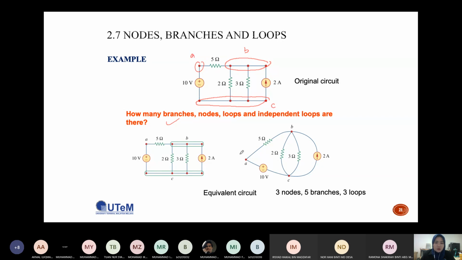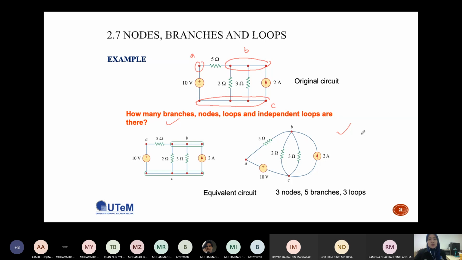First we start with A. A is connected to 5 ohm, connected to B. And then we have A connected to the supply, connected to C. Then B connected to 2 ohm, connected to C. Then B connected to 3 ohm, connected to C. And last, B connected to a 2 ampere source, connected to C. So this is the simplified or equivalent circuit.